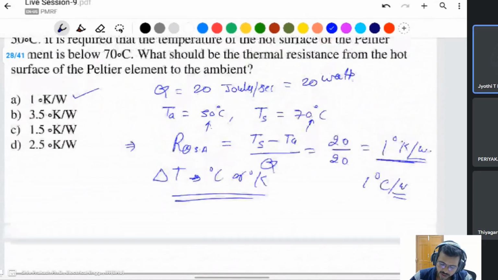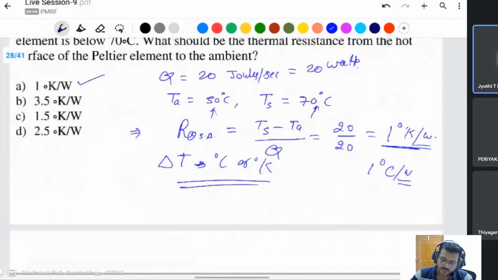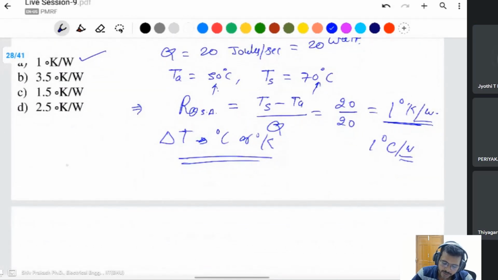Sir, how do we find the duty cycle in the next question, if voltage is given and temperature is given? You can calculate the voltage VP and current IP.